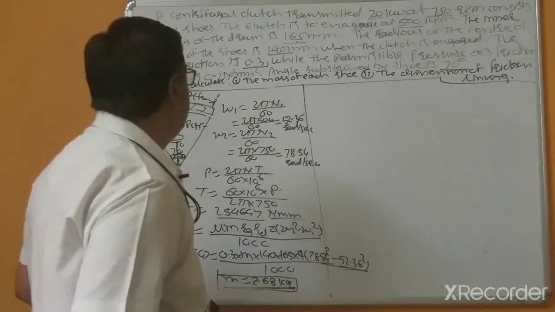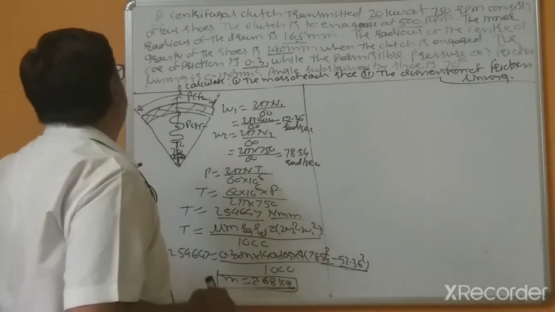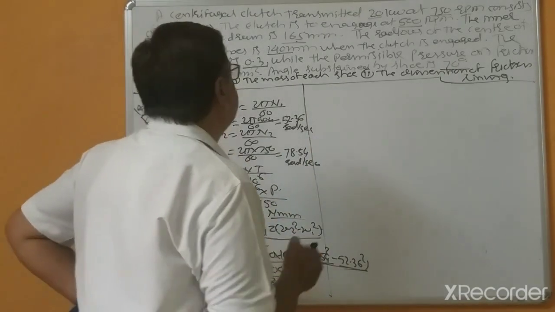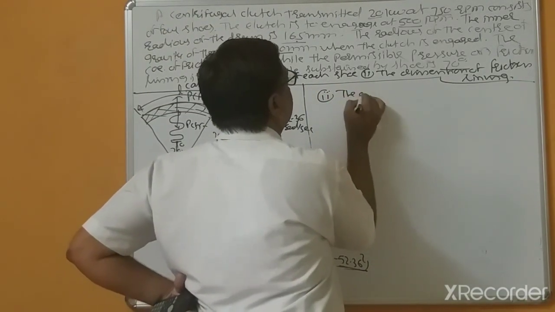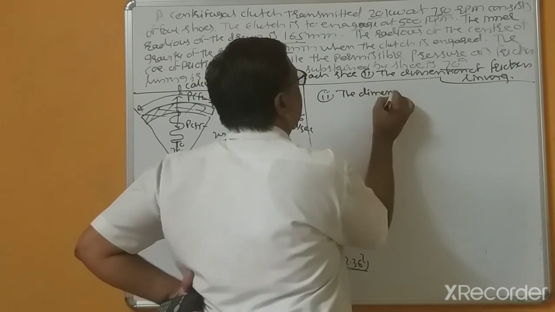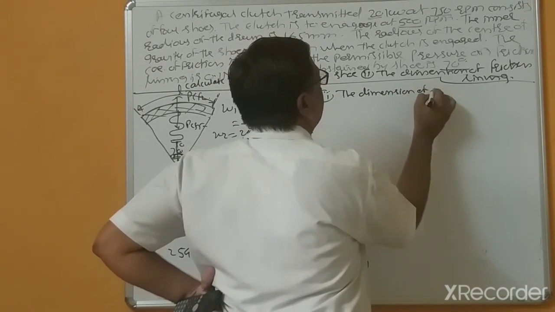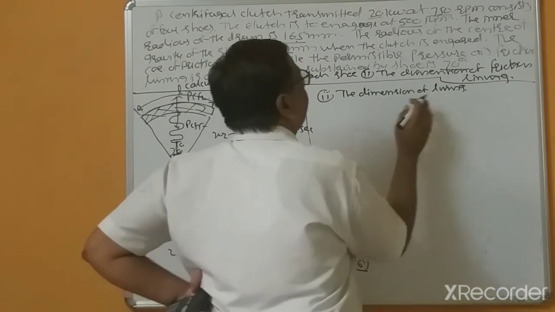Now for the second part, the dimensions of the friction lining.